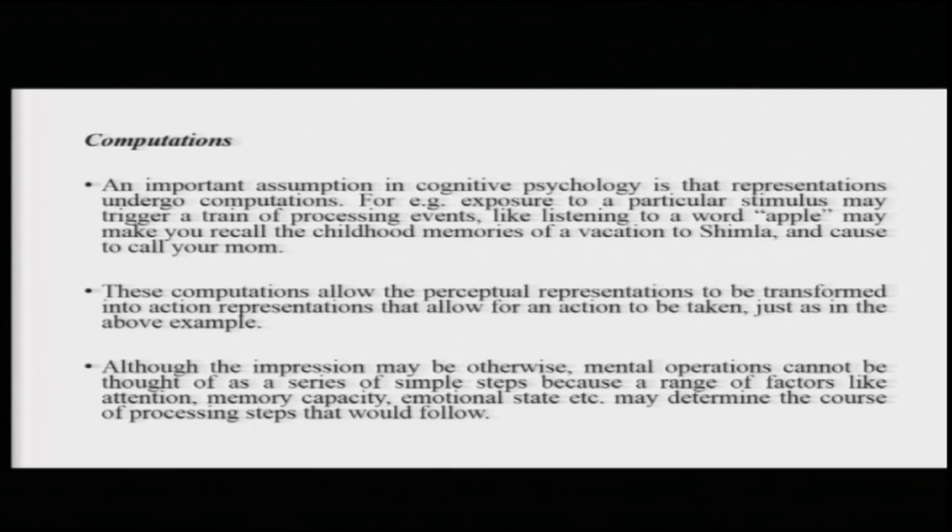Now, an important assumption in cognitive psychology is that the representations that we derive out of the stimuli from the world will need to undergo several transformations or computations. For example, if you are exposed to a particular stimulus, that will lead you down a train of processing events. Let us take an example.